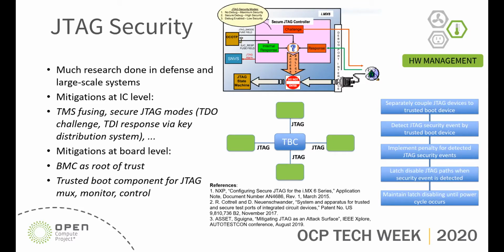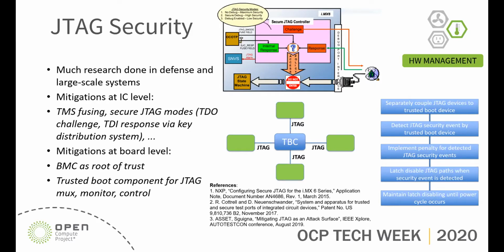And then at the board level, obviously the BMC needs to be at the root of trust, and some companies have gone to the effort of defining a trusted boot component device and routing the JTAG signaling through that device. This was part of document number 2 in the references, with some further details in the third reference by myself, published at the AutoTestCon defense conference last year, which actually won best paper.